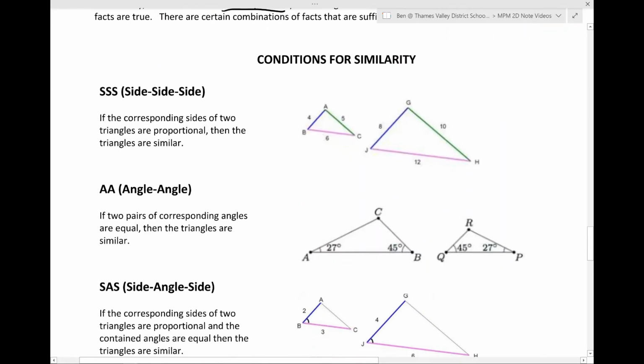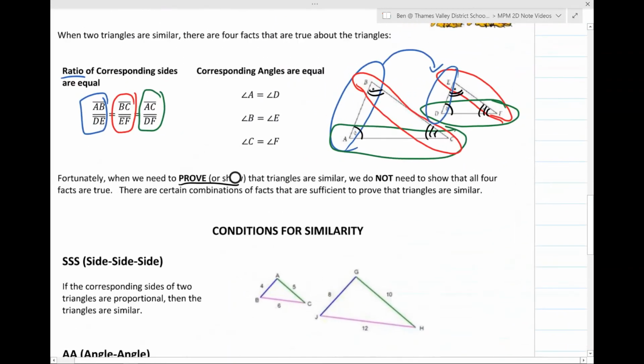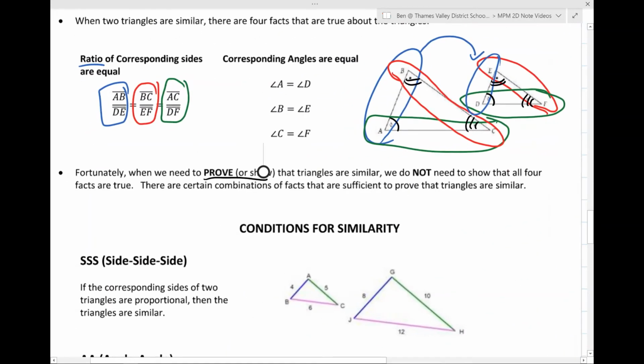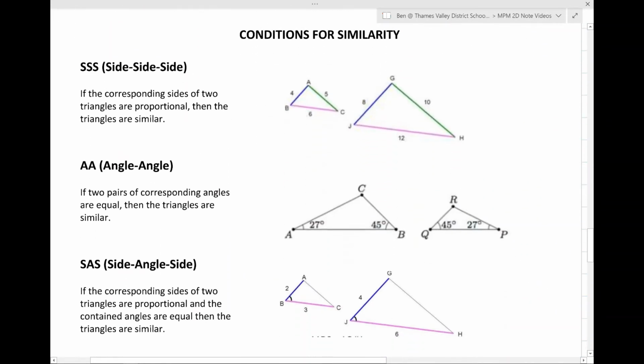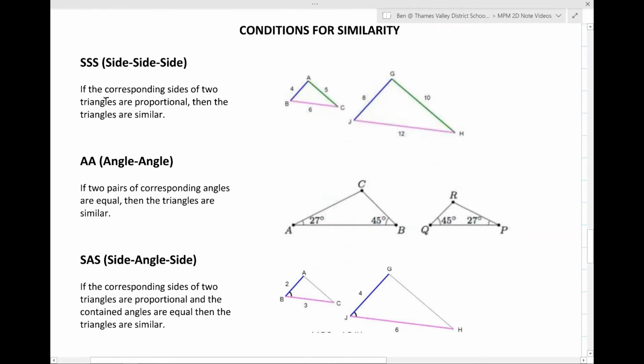Side, side, side. If the corresponding sides of two triangles are proportional, then the triangles are similar. That means here BA, which equals 4, and JG, which equals 8. So that means 4 over 8 equals 1 over 2.